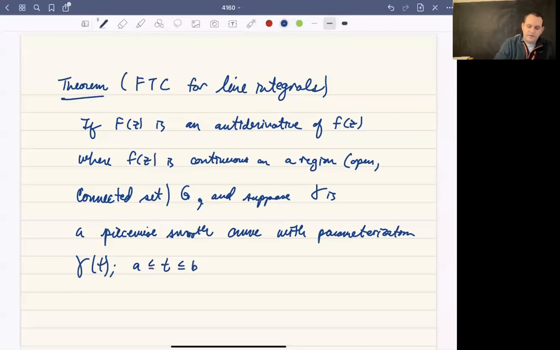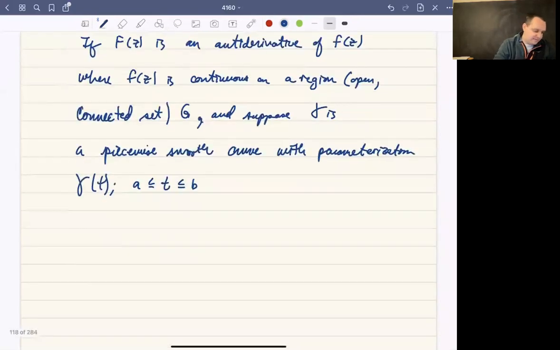All right, so we have a little function f that's holomorphic on a region G. We have capital F, which is an antiderivative. We have a parameterization gamma, which is parameterized by some function gamma of t.